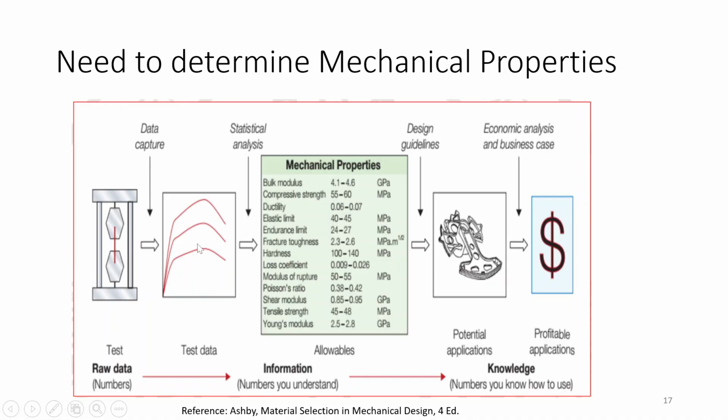So data will be captured and based on this data you get various mechanical properties such as fracture strength, UTS, yield strength, elastic modulus, toughness, ductility, etc. And based on those you design your material, and by using less material, by making efficient design, you can get profitable applications.